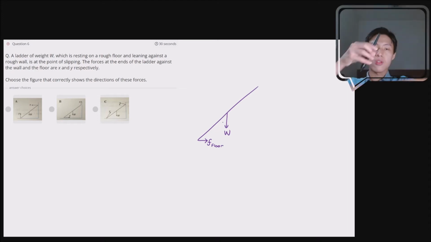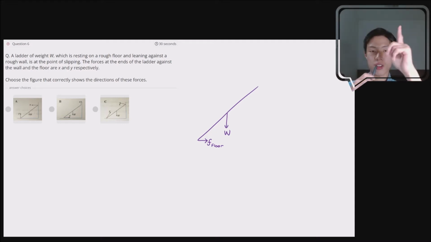Okay, next we know that the wall is also a rough wall as well. So you know that the ladder wants to slip down like this. If it wants to slip down like this, that means the rough wall here is preventing that from happening. If the rough wall is preventing that from happening, the frictional force exerted by the rough wall should be in the opposite direction to falling.